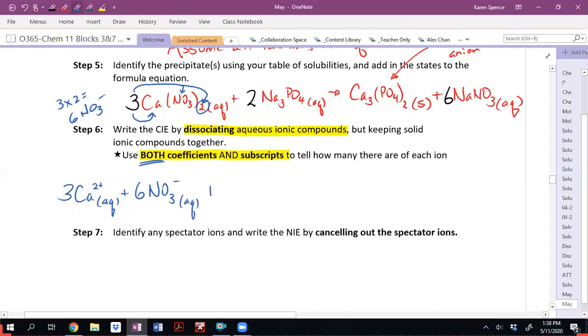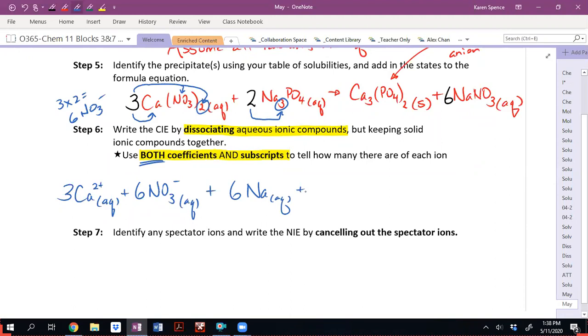Okay. Next one, we have 2 times 3 is 6 Na, and that is aqueous. Have I forgotten anything? Hold on. Let's see here.